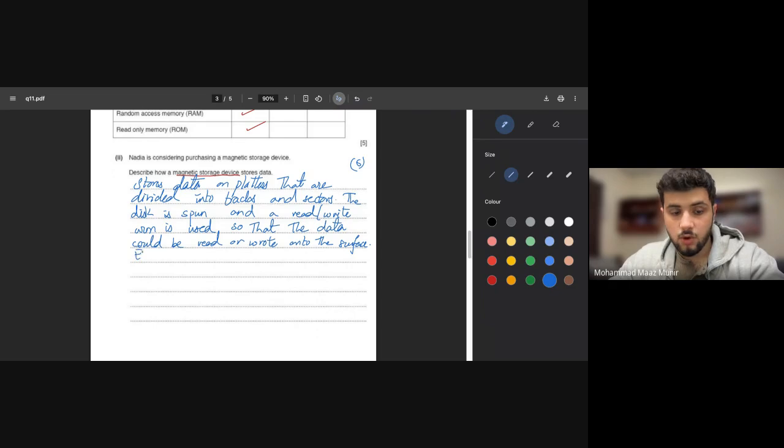Electromagnets are used for this process.